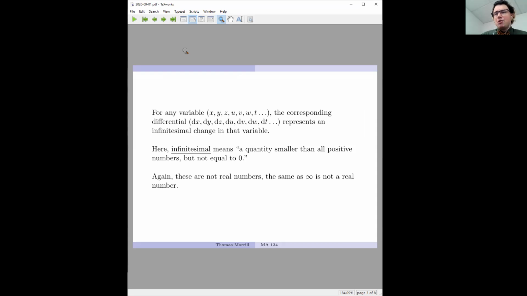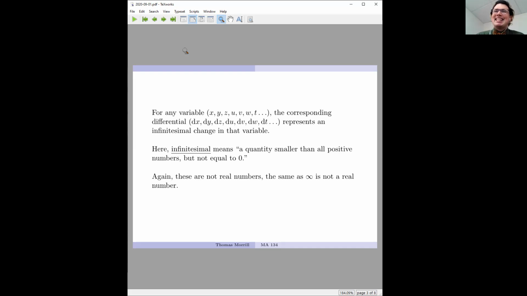In mathematics, we usually use single letter names, usually taken from the Latin alphabet, sometimes the Greek alphabet. And every variable I work with, whether it's an x or a y or a z or a u or a v or a w or a t, and any of those letters is fine, each one of them has a corresponding differential. And the differential represents an infinitely small change in that variable.